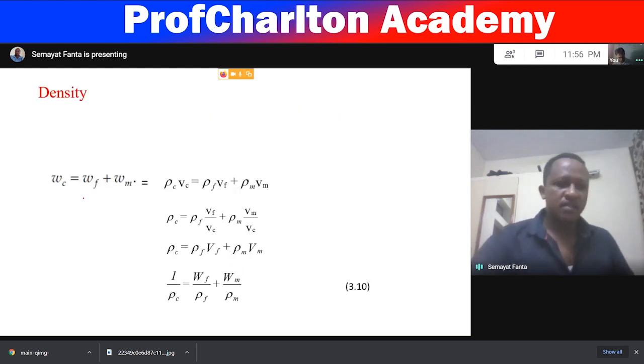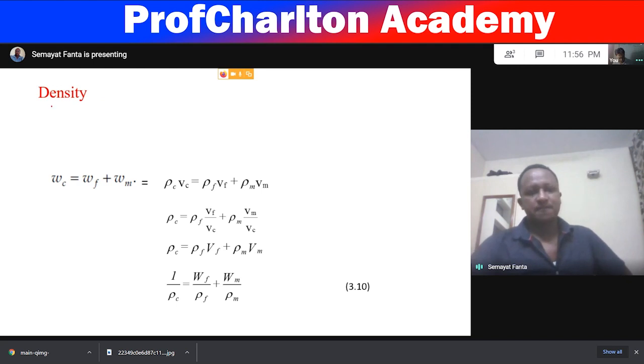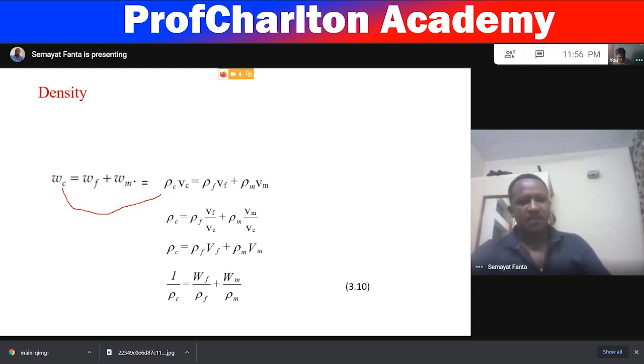And the density of each component or the density of the composite can be calculated from the weight of the component. The weight of composite is equal to the weight of fiber plus the weight of matrix, so that the weight of composite means this one. Okay, and the weight of fiber is this one again, and the weight of matrix is this one.